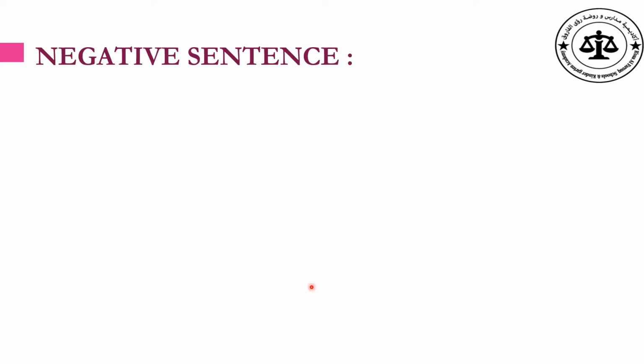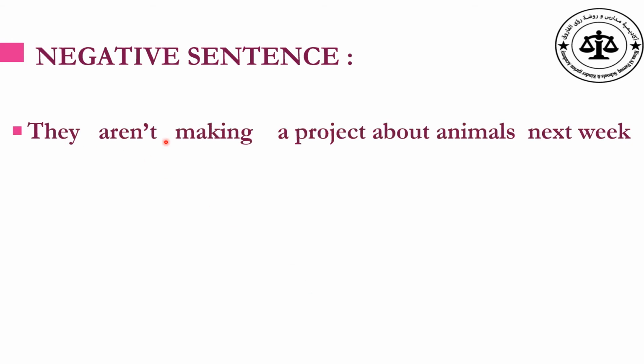If we want to negate the sentence in present continuous, we add not with, bravo, the helping verbs: is not, are not, am not. Look at this sentence. They are not making a project about animals next week. They is a plural subject.